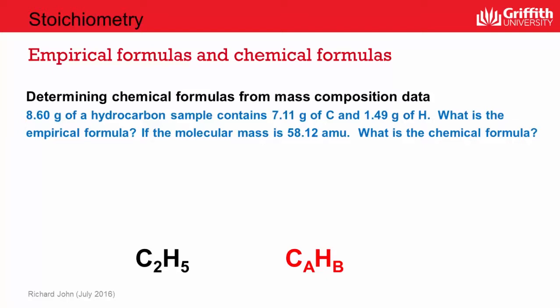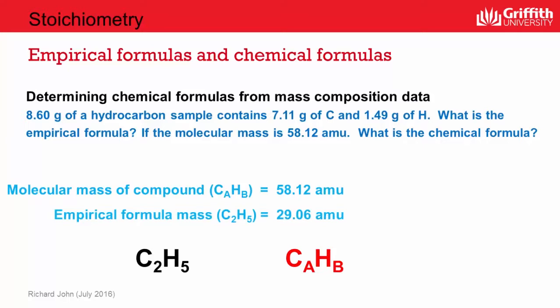How do we determine exactly what they are? Well, we know that the molecular mass of the compound is 58.12 atomic mass units. Now, if we were to look at the molecular mass for the empirical compound, C2H5, 2 times the atomic mass for carbon plus 5 times the atomic mass for hydrogen is 29.06 atomic mass units, and the ratio between these two values is 2.